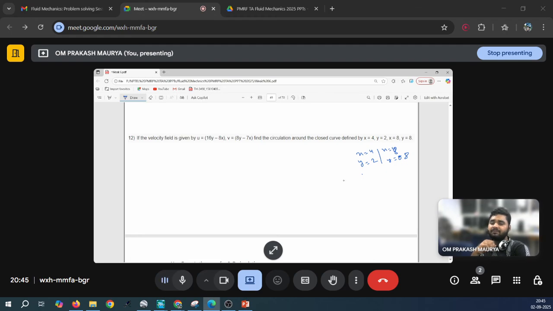Means if you have something like that, this is your x and this is your y. So when the x is equal to 2, your y is 2. When the x is equal to 8, your y is 8.